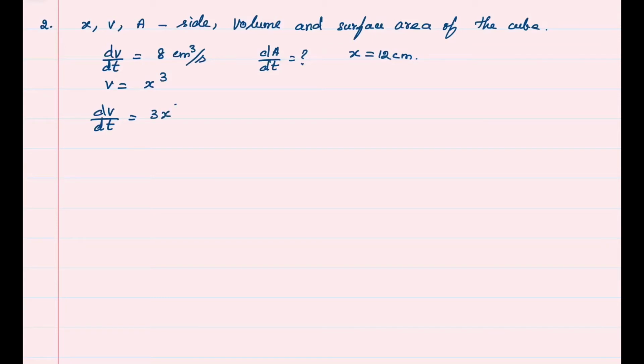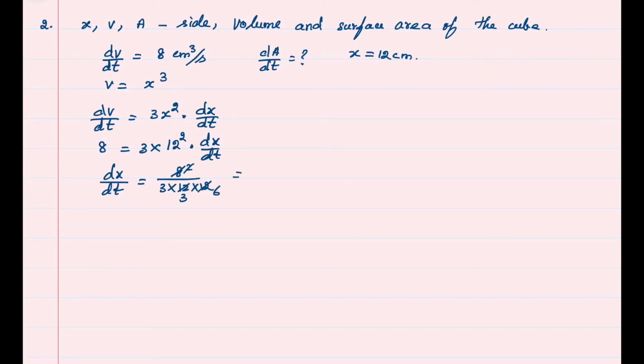We get 3x square into dx by dt using chain rule. dV by dt is given as 8. 3 times x square is 12 square times dx by dt, from which we can get the value of dx by dt. 8 divided by 3 times 12 into 12. 1 divided by 54, and the unit is, side unit is centimeters and time unit is seconds.